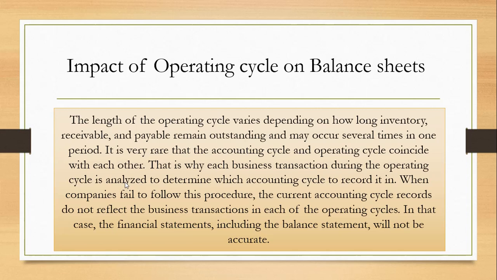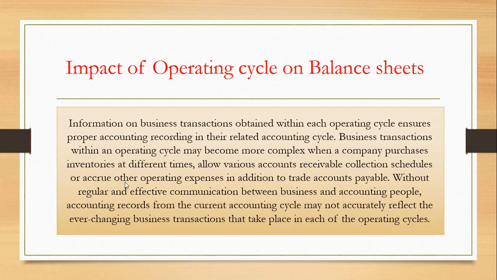In that case, the financial statements, including the balance sheet, will not be accurate. Also, information on business transactions obtained within each operation cycle ensures proper accounting recording in the related accounting cycle.